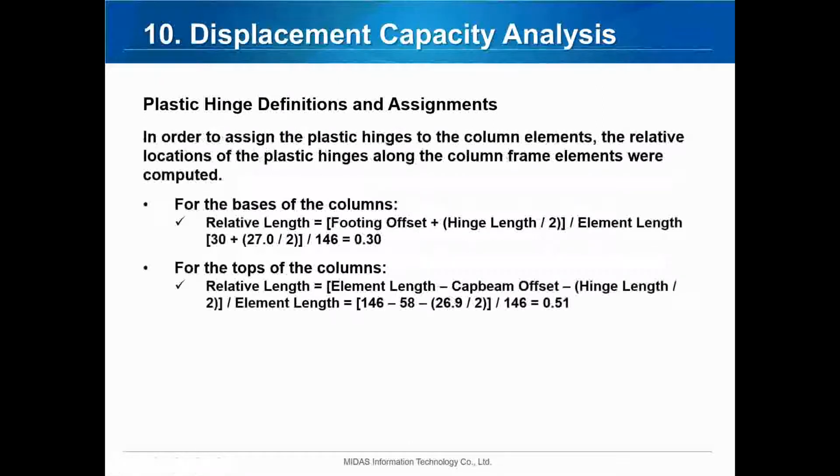So in order to assign the plastic hinges to the column elements along the column frame, we computed a relative length of 0.30 at the base, from the base of the column, and then for the top of the column we computed a relative length there of 0.51.